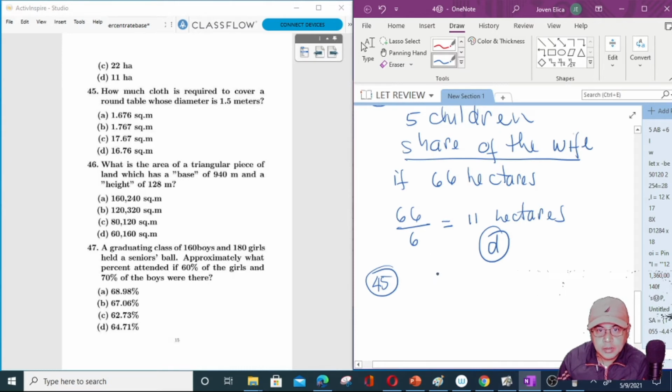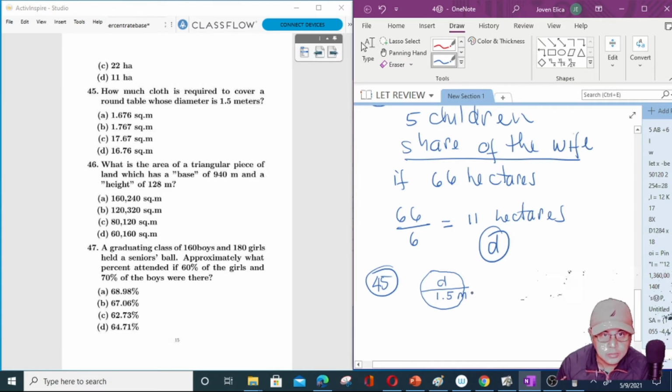If you have a round table, given the diameter, the diameter is 1.5 meters.